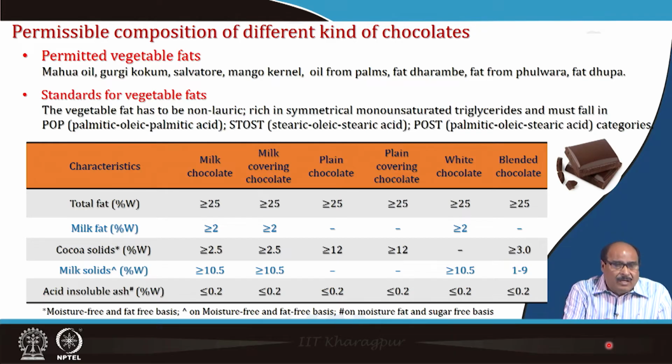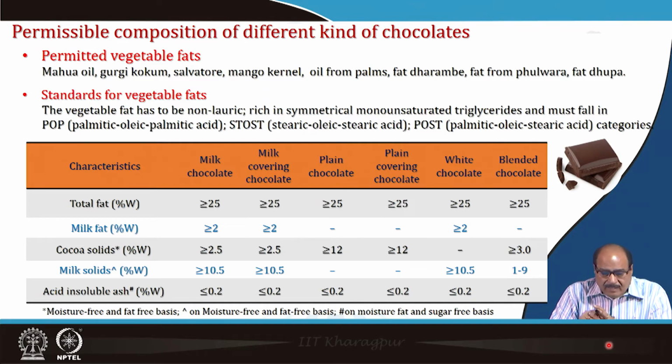Okay. So, the characteristics of the milk chocolate, milk covering chocolate, plain covering chocolate, white chocolate and blended chocolate: total fat percentage, milk fat percentage, cocoa solids, milk solids, or acid insoluble ash, all these are specified. Like in all the cases, total fat should be more than or equal to 25%.